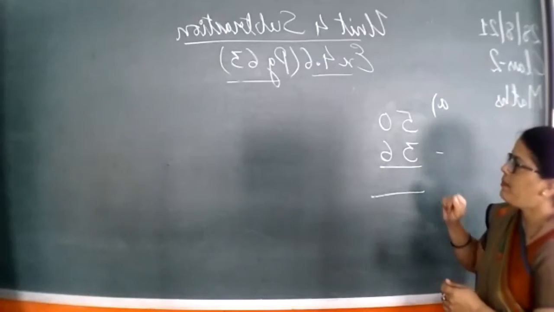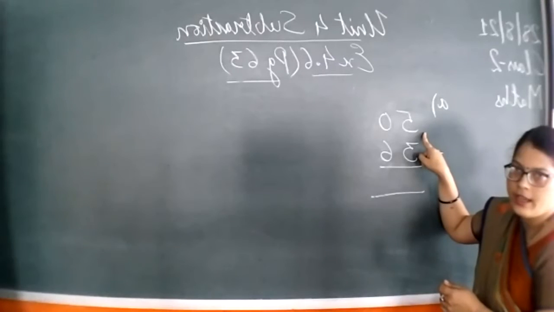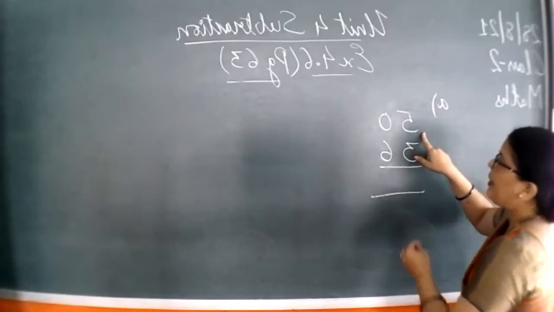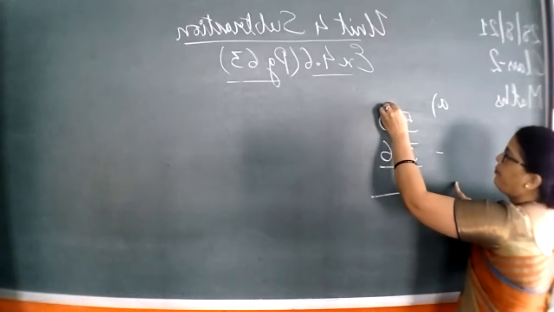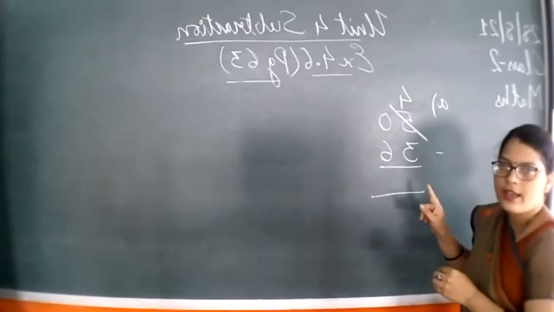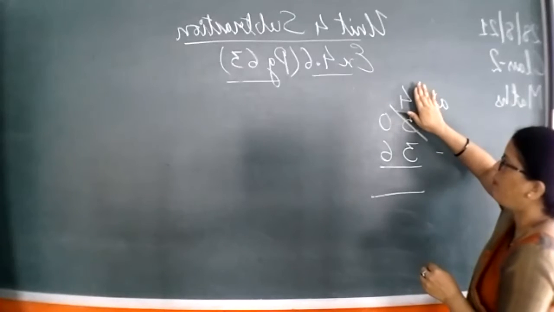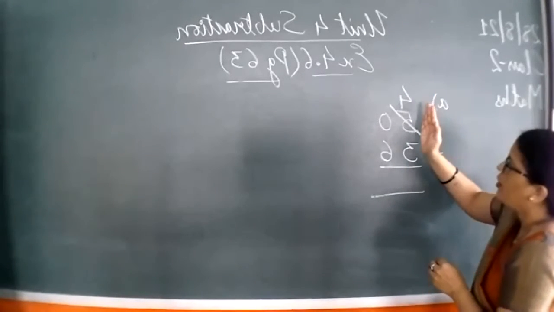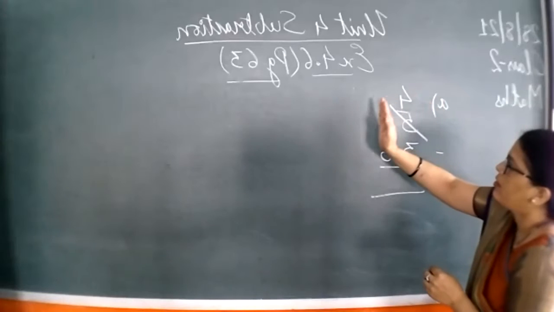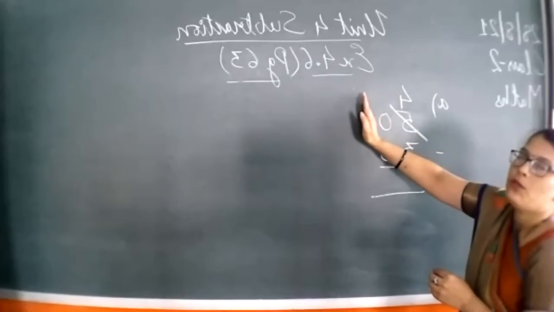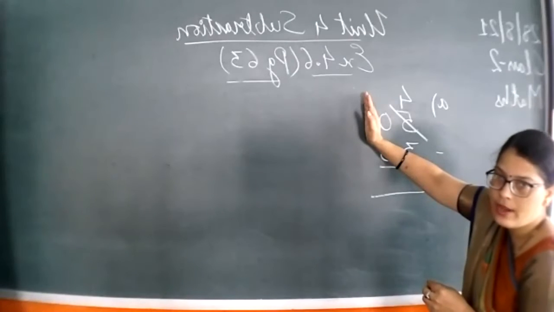What is at tens place? 5. When we take away 1 from 5, 5 becomes 4. Now, when this 1 ten goes to ones place, it becomes 10 ones.